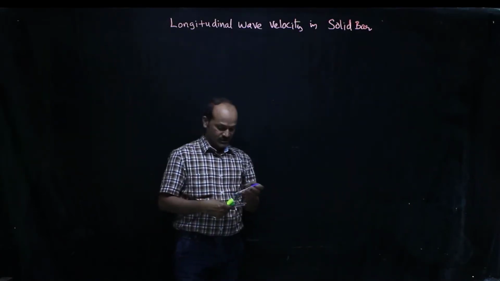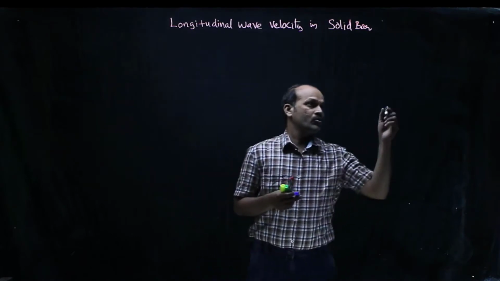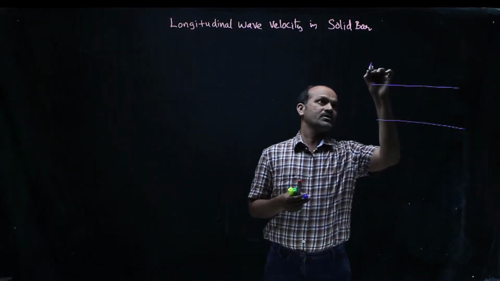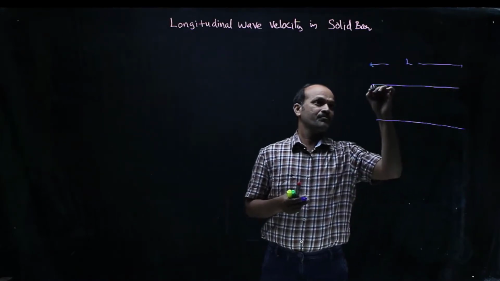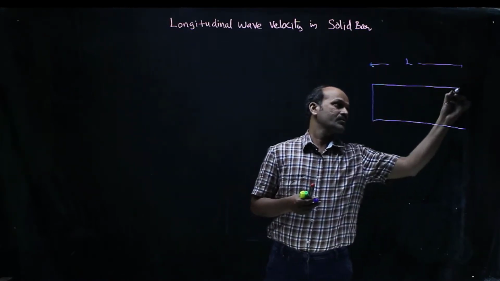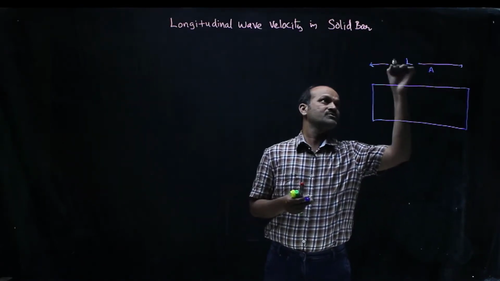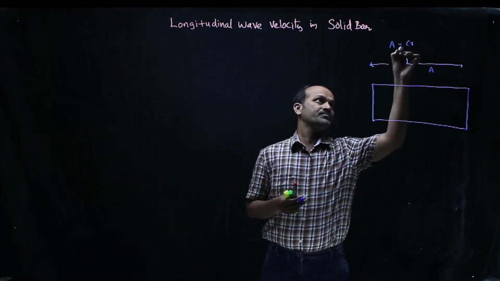So let us consider a bar of length L. The length of the bar is L, and it has cross sectional area A. A is the cross sectional area.